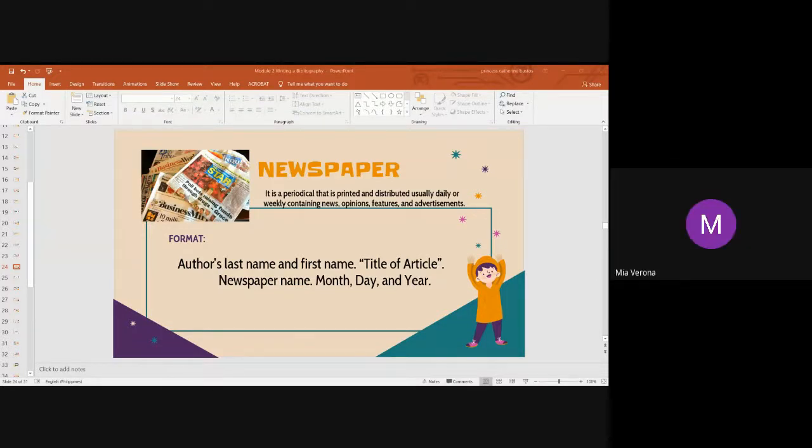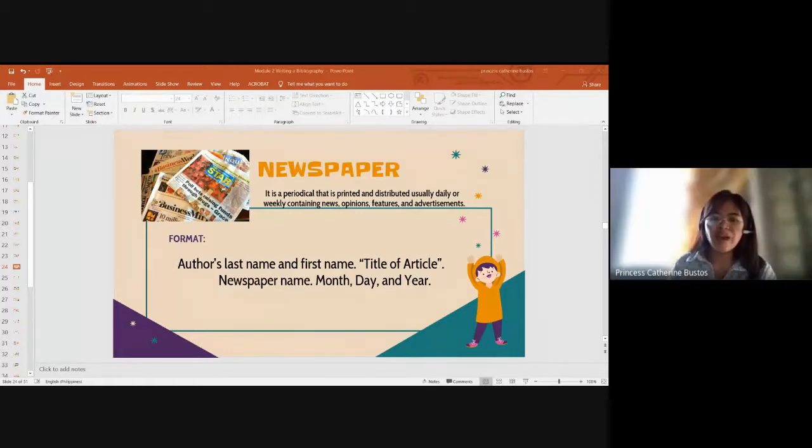It is a periodical that is printed and distributed, usually daily or weekly, containing news, opinions, features, and advertisements. Okay, very good. So we have a lot of columns in our newspaper. And how are we going to make a bibliography for your newspaper? Ariane, please read the format. We start with.